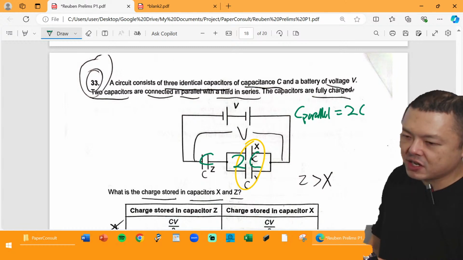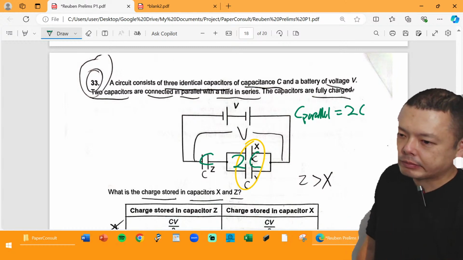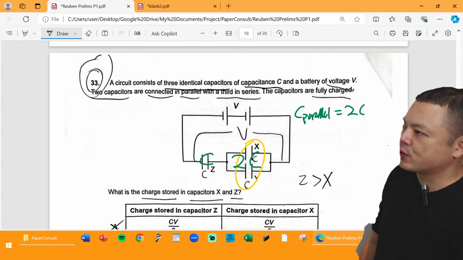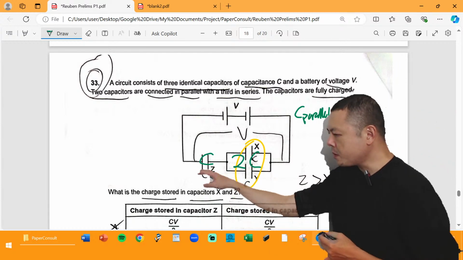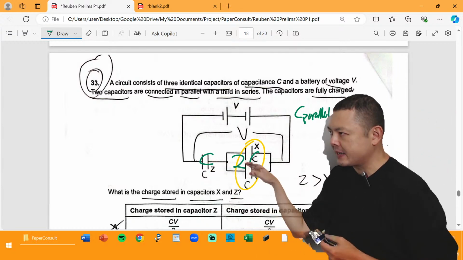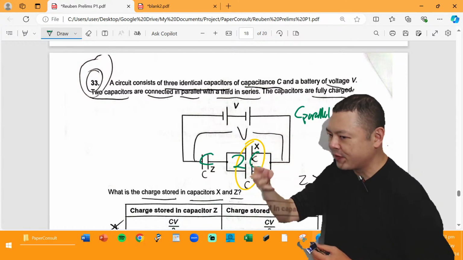Because they're in series, and you're supposed to memorize it. It's in my notes, and I also went through it very briefly during the topic 11 revision. So please remember that series capacitors have the same amount of charge, even though they are of different capacitance.